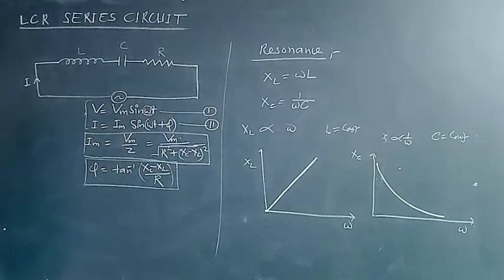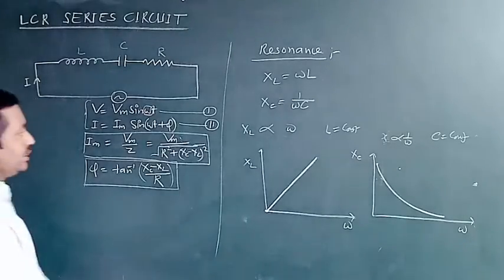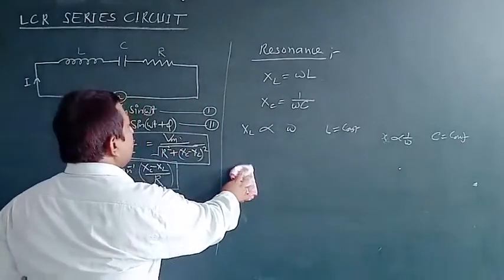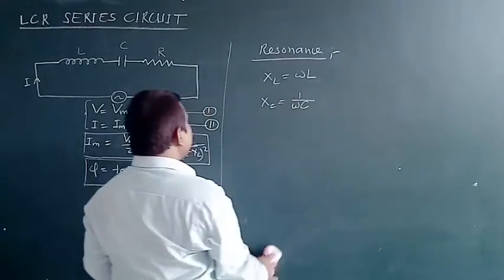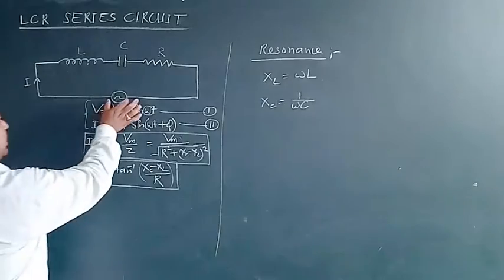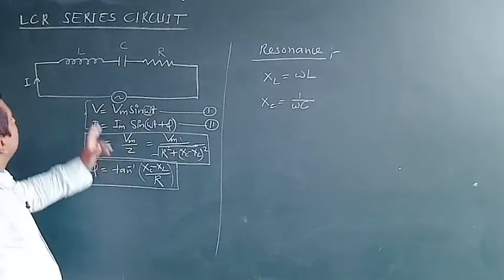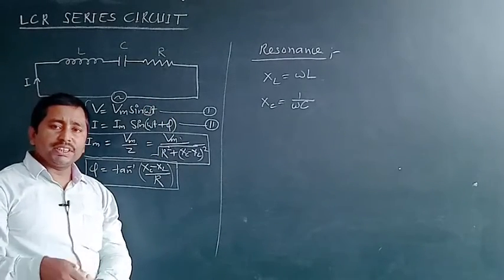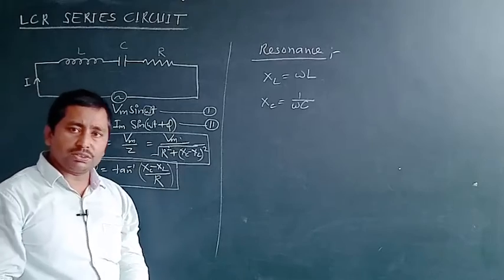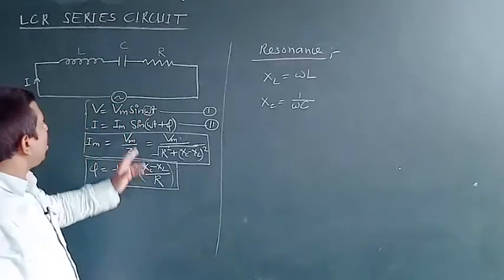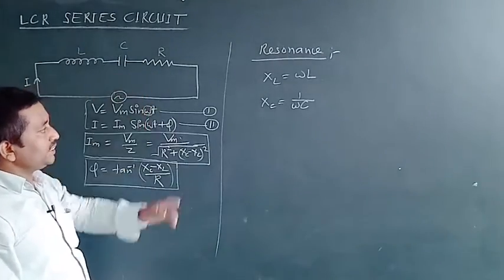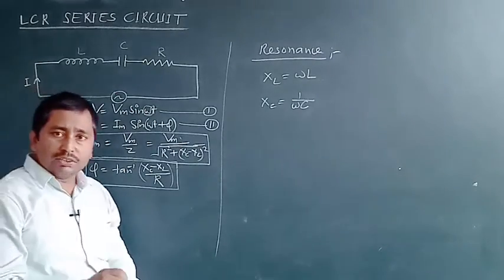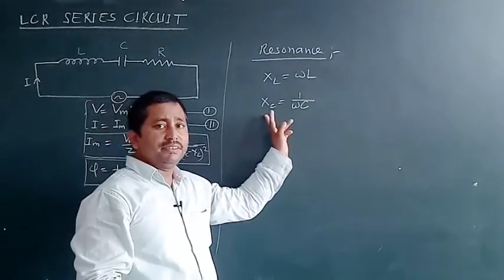Now let us come to our topic for discussion. If we change the angular frequency omega of the AC potential source applied across the terminals of the LCR series circuit, then the value of XL will change and XC will also change.